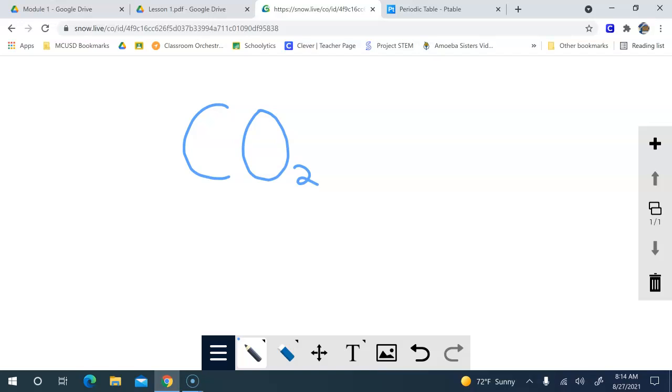So this is called a subscript, and that tells you how many atoms there are of that element in that particular molecule. Now see how there's no number here? That means there's only 1. So for CO2, we have 1 carbon and we have 2 oxygen. Okay? And this is actually carbon dioxide.